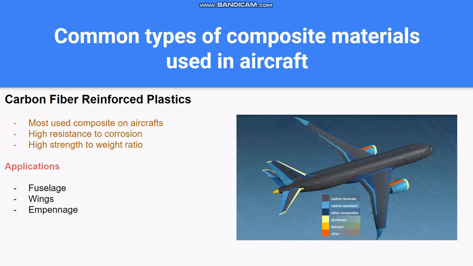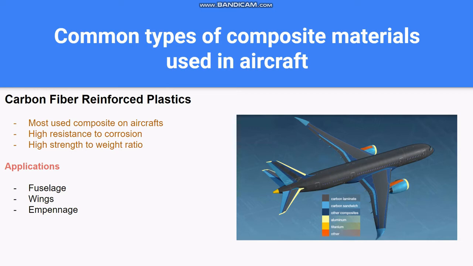It is part of the fuselage, wings, and empennage, which is basically almost the entire aircraft. Hence, carbon fiber reinforced plastics are the most common type of composite used in the aircraft today.